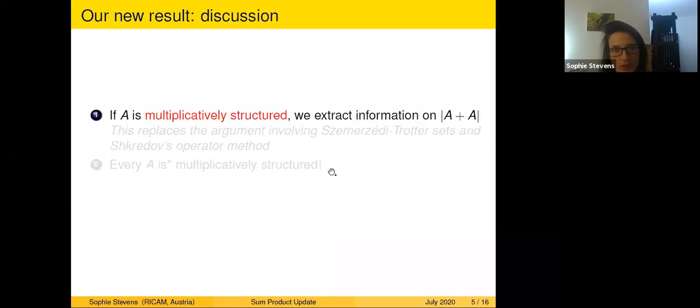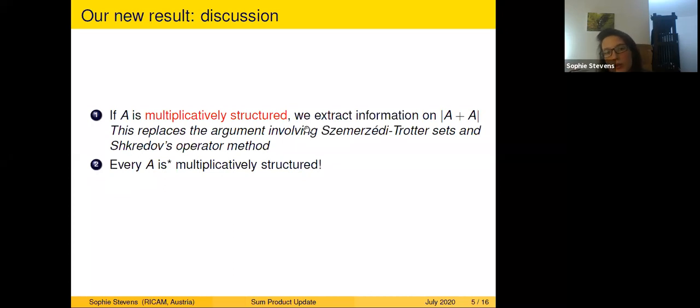All right, this next slide is for those of you who are familiar with the previous arguments. If you've never seen this before, maybe take a moment just to reflect on the statement of the problem. But if you have seen it before, I've said that our argument bisects into two parts. The first thing is, if A is multiplicatively structured, we can get information on the sum set.